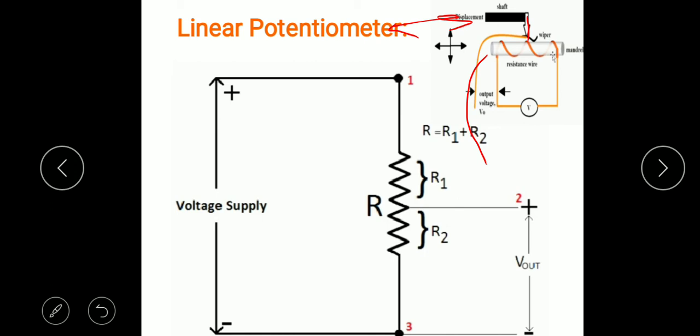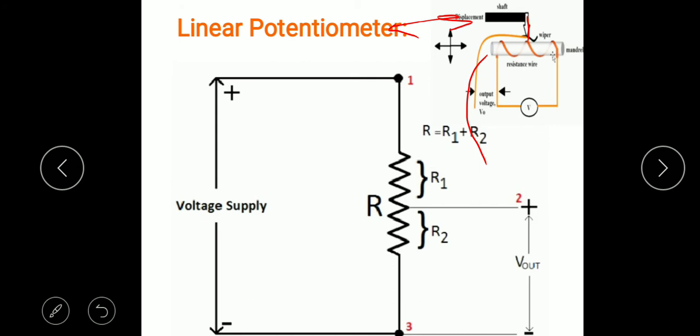That means the resistance at this position will be different from when the wiper makes contact here. If the wiper comes to this place, then the resistance will be different. So for your understanding I am telling only a few things.